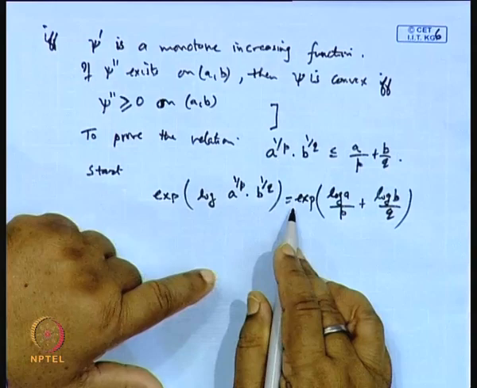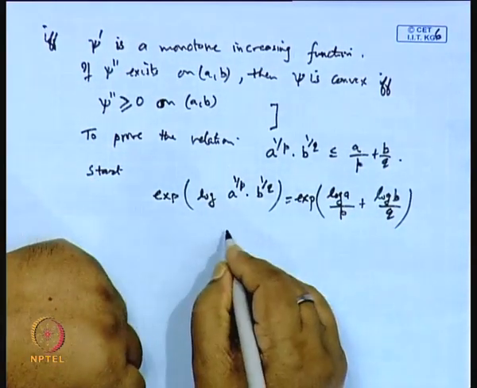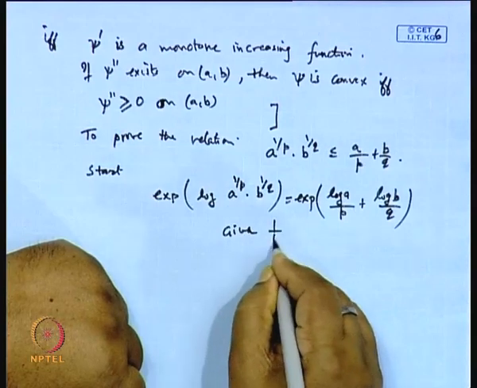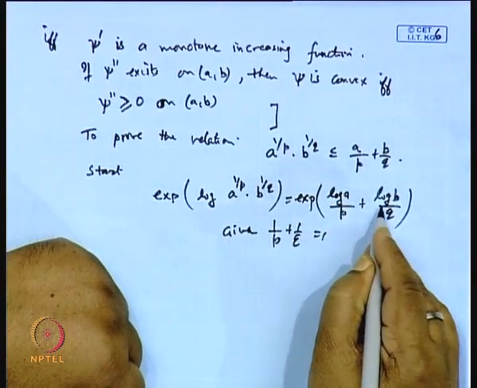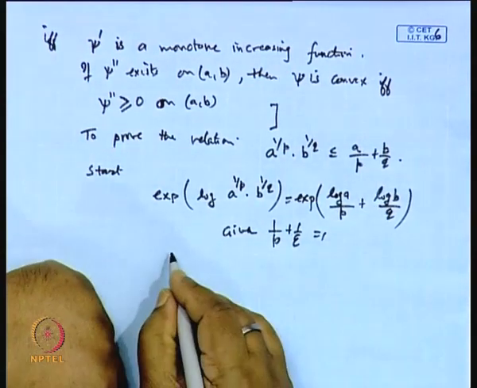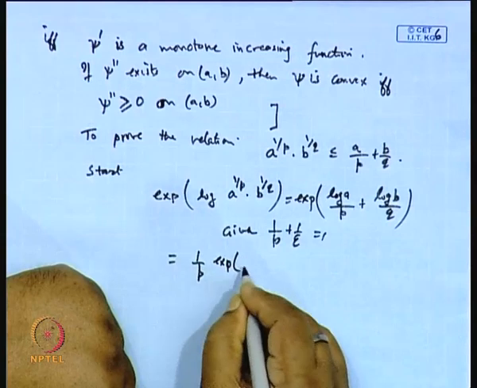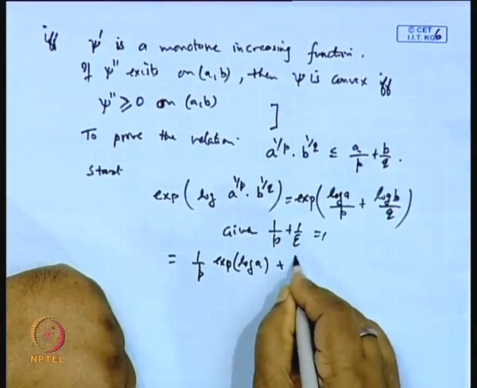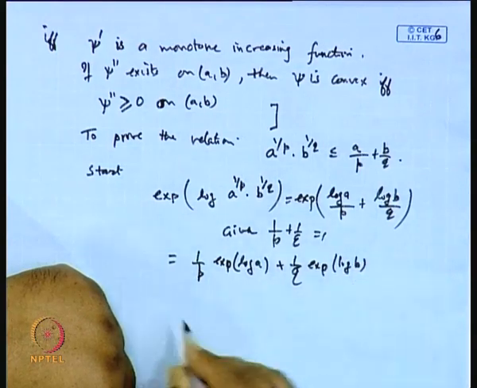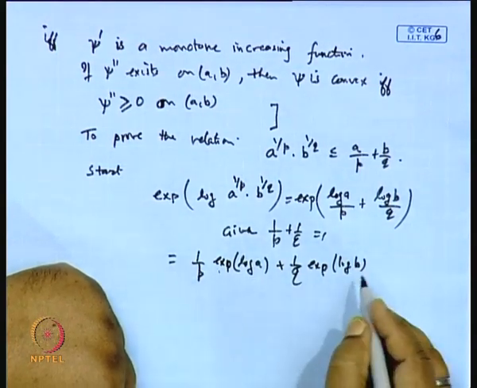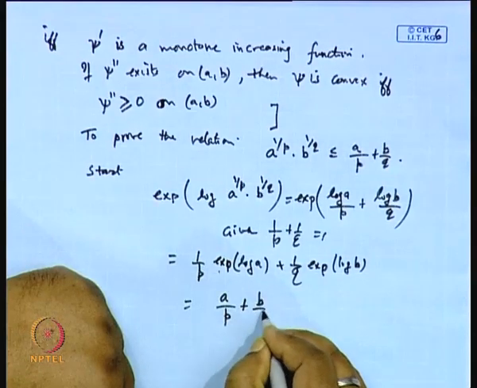Now, the exponential function is a convex function and 1 by p plus 1 by q is 1. So, basically we have lambda of x plus mu of y. So, by the exponential property, 1 by p will be taken outside and we get 1 by p exponential log a plus 1 by q exponential log b, and the exponential and log get cancelled, and basically you are getting a by p plus b by q.